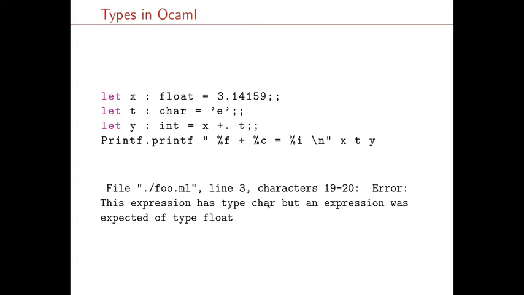This expression has type character, but an expression was expected of type float. So what happens here is that this plus with the tiny dot behind it is a plus that operates on floating point numbers, and if we try to use it on a character, then OCaml will throw an error and will refuse to do so.